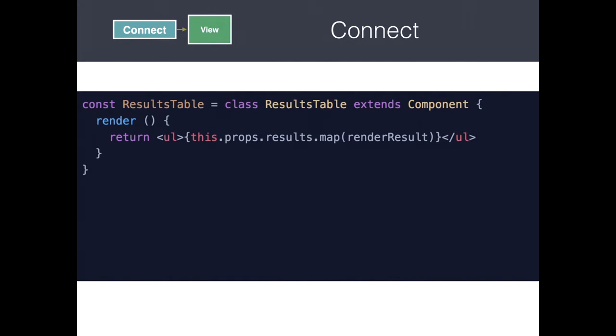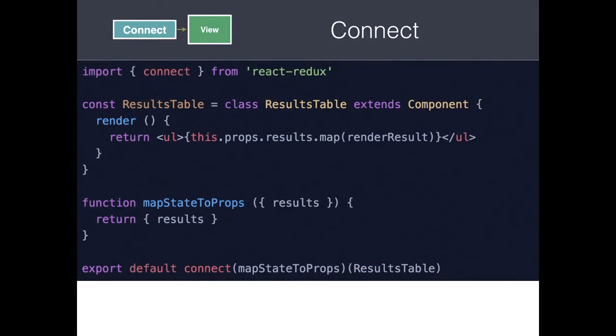But these results here that I'm using in the props, they are the results that the results reducer produced that we put in the Redux store, but how do we get them from the Redux store into the actual component? So this is where connect comes in. And what the connect call from the react-redux library does is that it wraps the actual results table component that I created at the top into a higher order component, which you can inject, for example, props from the state into.